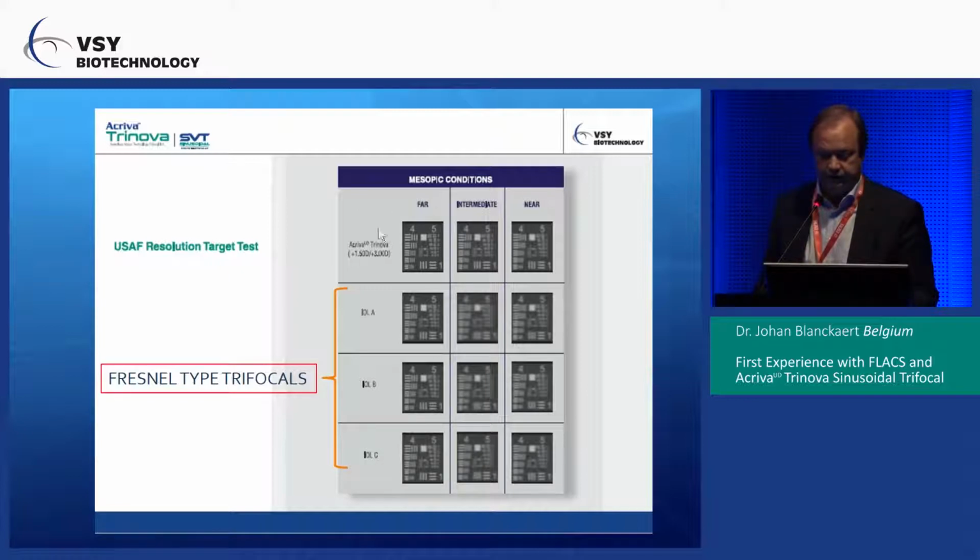The far focus is still a much better image quality than what the Fresnel types of trifocals can give you. This is really important for your patient, that you can tell him that the image quality for far is as good as what you can promise with monofocals, which in the Fresnel types of trifocals was not the case.